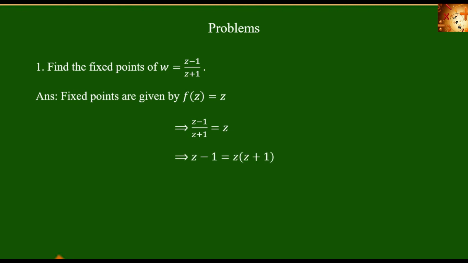On cross multiplication we get z minus 1 equal to z into z plus 1. On solving, z minus 1 equal to z square plus z, that is z square plus 1 equal to 0, which is a quadratic equation. Solving this equation we get z equal to i and z equal to minus i. So i and minus i are the fixed points or invariant points of w equal to z minus 1 divided by z plus 1.